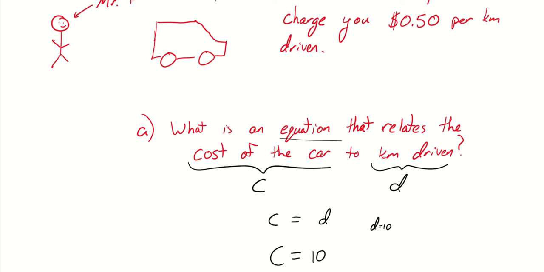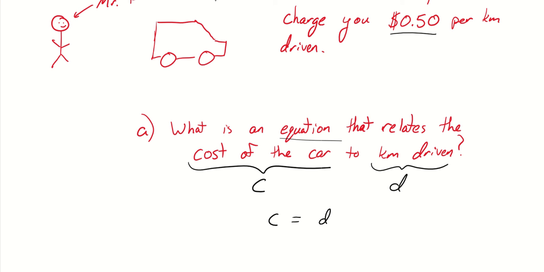Is that right? No, clearly not, right? It's only 50 cents per kilometer driven, so it would really only be half this amount. It would really just be $5. So this is clearly wrong, right? We need to change something about this equation to properly relate the cost of the car to how much you have driven.